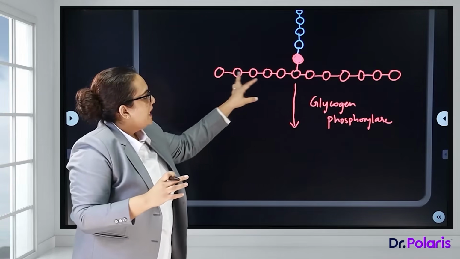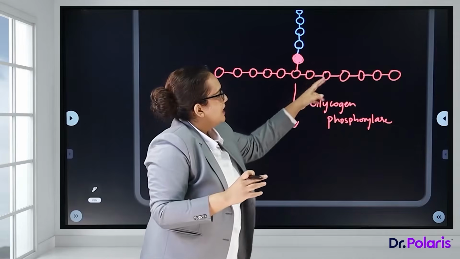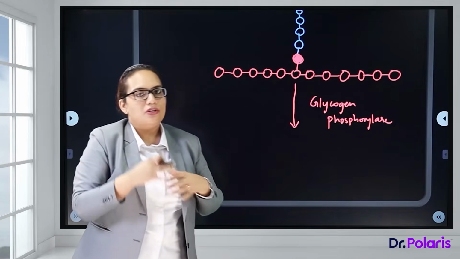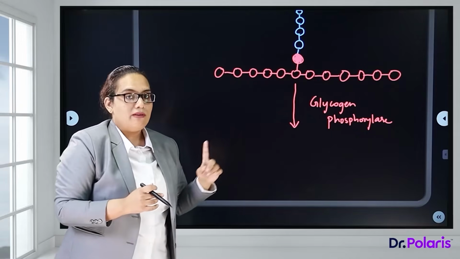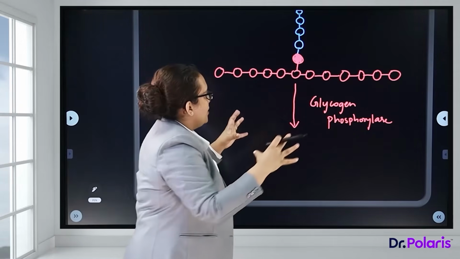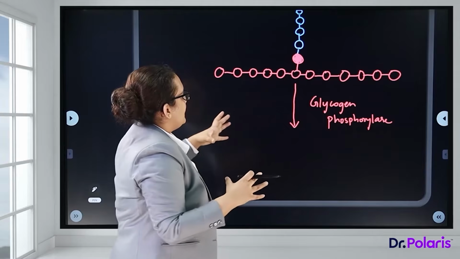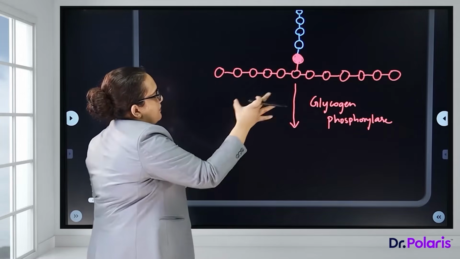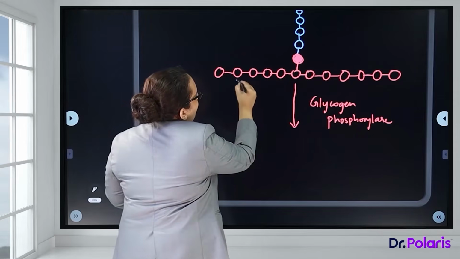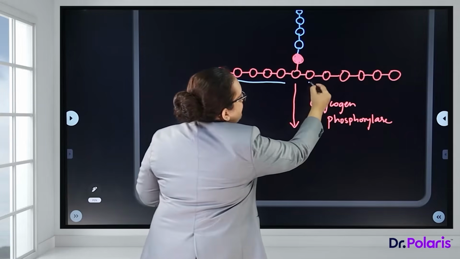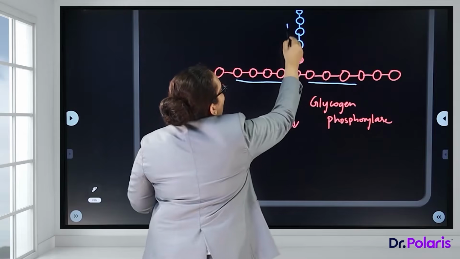Leaving behind 4 glucose units on either side of the branching point, the rest of the glucose molecules are released by glycogen phosphorylase in the form of glucose 1-phosphate. So let's see what the additional glucose molecules are. As I told you, 4 glucose units have to be there. So this portion should be there, attached to the branch point, this portion should be there, and then this portion should be there.